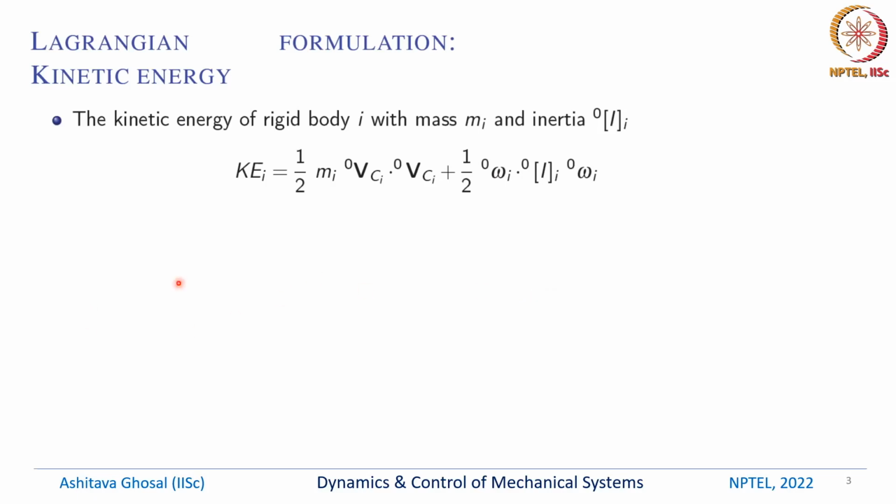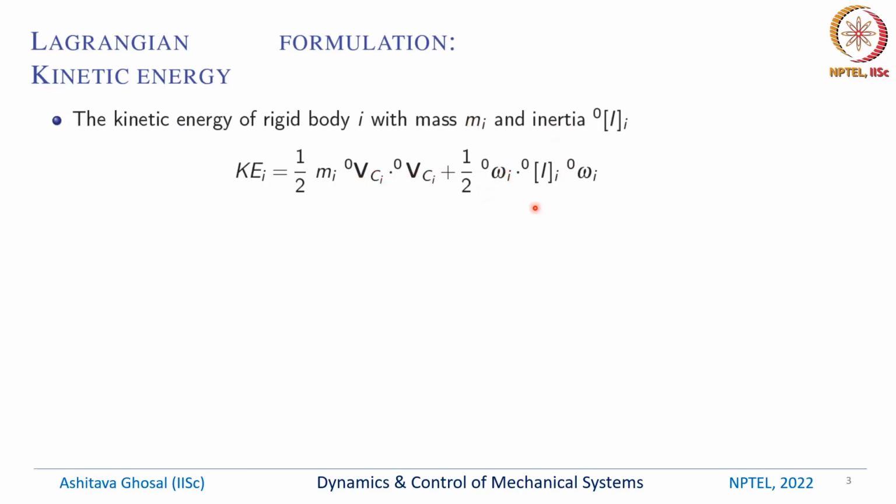So as I said, the Lagrangian formulation involves evaluation of the kinetic energy and the potential energy. The kinetic energy of a rigid body i with mass m_i and inertia I with respect to some fixed coordinate system can be written in this form. So the first term is half m v squared. Basically, we find the velocity of the CG of any link of mass m_i and then do v dot v.